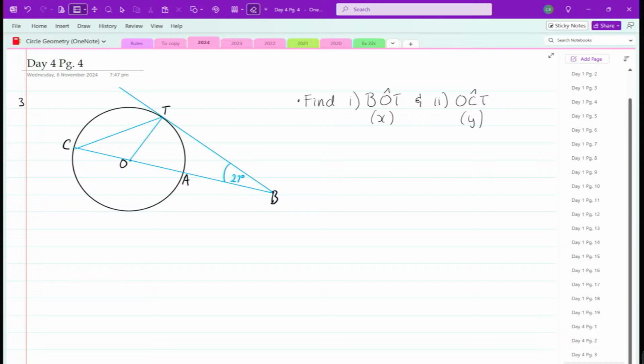Okay, so we find X. To find X, I understood that. Okay, so there are 180 degrees.